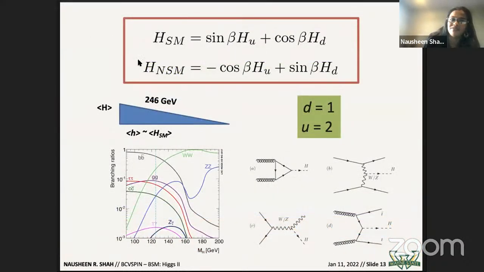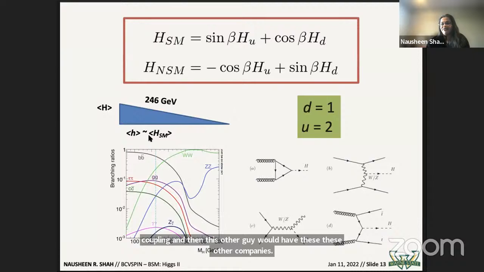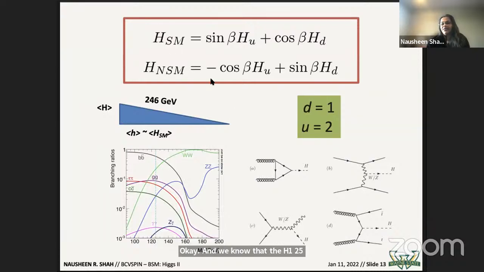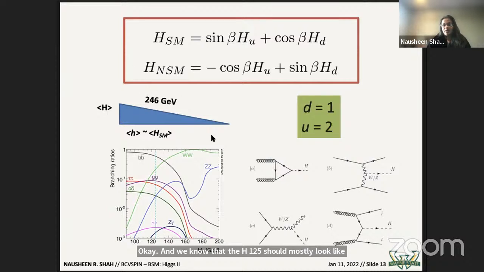And you would still have the same thing happening: if you have a certain combination, which I call H standard, that would have completely standard model-like couplings, and then this other one would have these other couplings, okay? And we know that the H125 should mostly look like this thing here, right? And the other state would be this one.